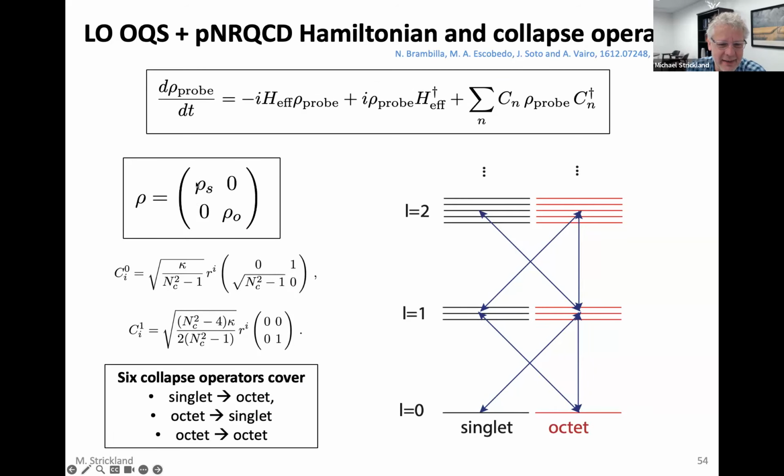You decompose the singlet part into different angular momentum parts and the octet part, and then it becomes an even larger matrix with some truncation in angular momentum. For each of those, say L equal to 0 within the singlet, there's a sub-block, and each would have, let's say, a 1,000-point wave function living on it to describe the spatial variation. So very quickly in this game, you get to matrices that are 10,000, 100,000 by 100,000.